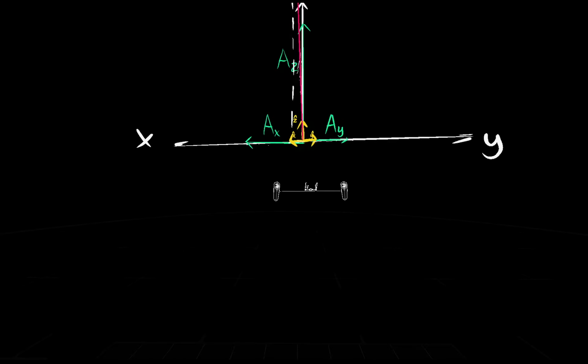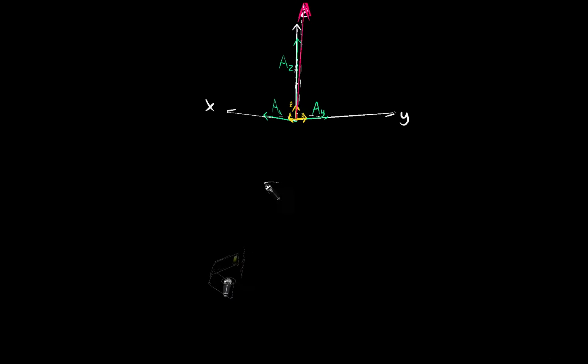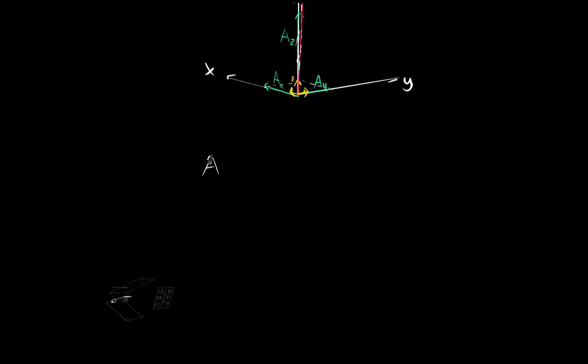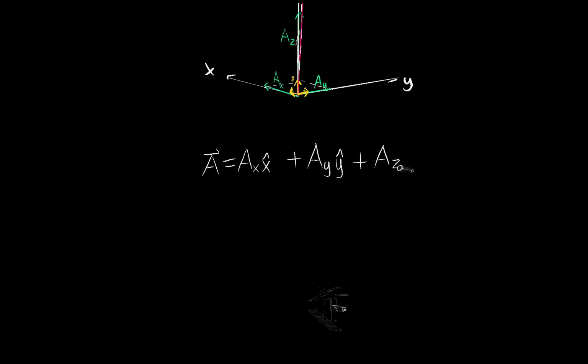So the magnitude of a vector A you find using A's components. So if we have a vector A, A is equal to an amount AX times x hat plus AY y hat plus AZ z hat. And now you might be able to make some sense of what you may have seen before to calculate the magnitude.